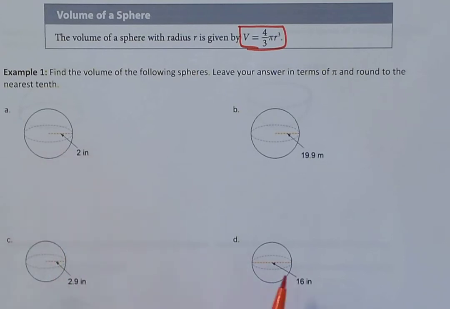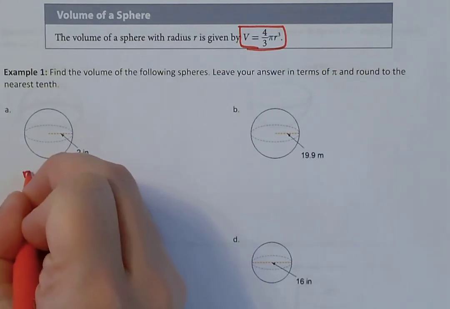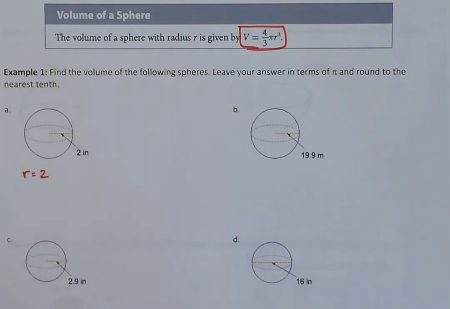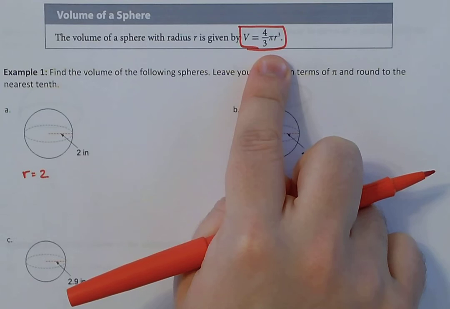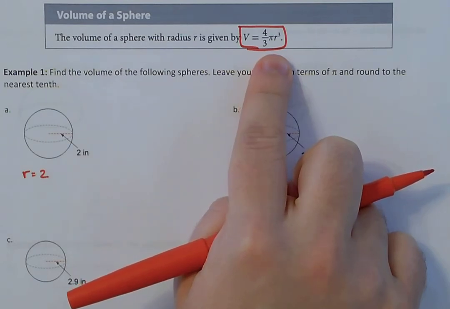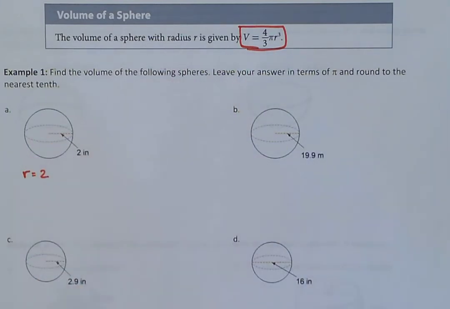If it goes all the way across, like in D, that means that is your diameter, so you have to divide that by 2 to figure out your radius. So, for part A, we know our radius to be 2. If we know our radius to be 2, we can use V equals 4/3 pi r cubed to figure out the volume of the sphere for A.